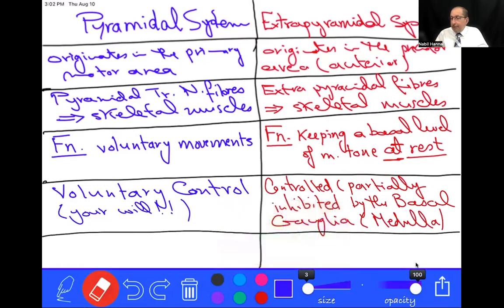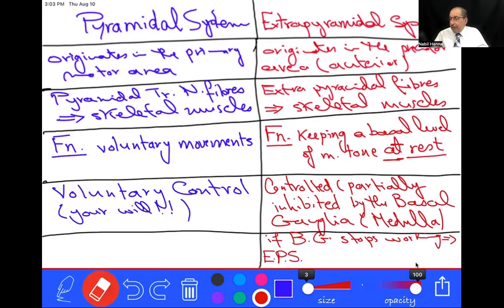Can the pyramidal system get out of control? Nope. It cannot get out of control because it is autonomous. It controls itself. But if the extrapyramidal system is out of control, if the basal ganglia stops working, you develop extrapyramidal symptoms.